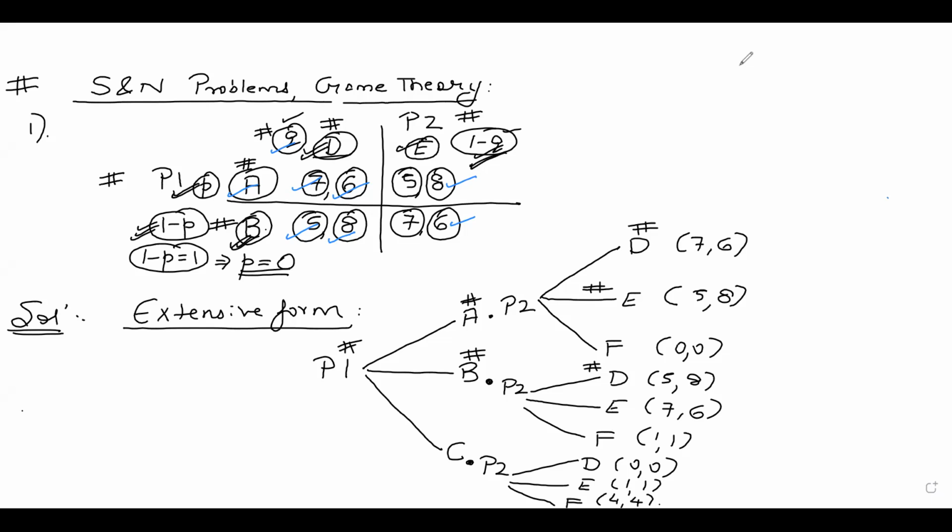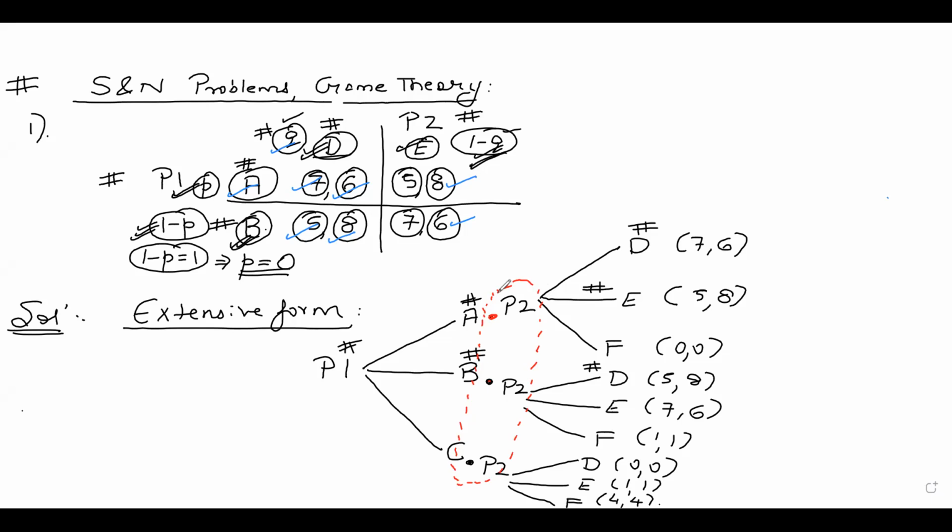But understand this, guys, since it's a simultaneous game, I am going to connect the decision nodes of player 2 using dots. These dots represent the fact that player 2 does not know what player 1 has played. Remember, it's not a sequential game.